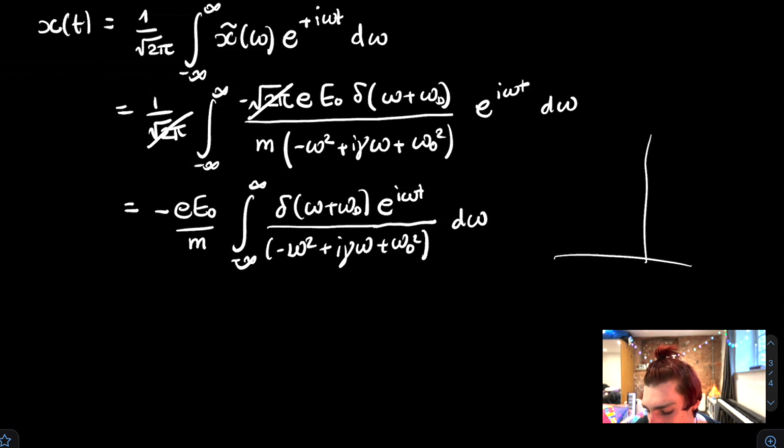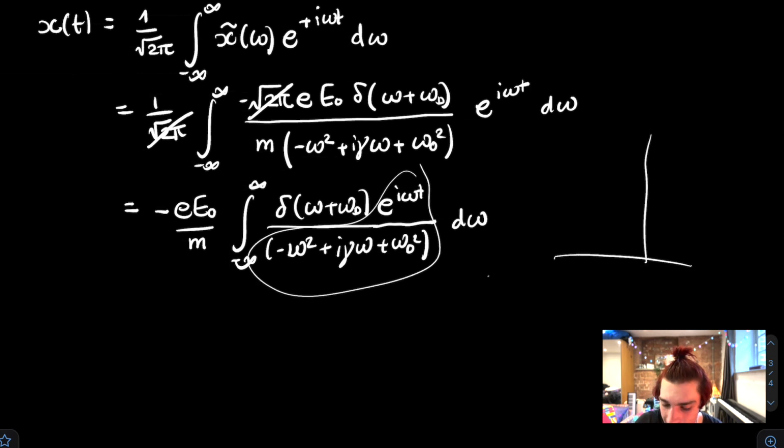So this means that when we do our integration, which is basically going along this entire omega axis, this delta function is going to be 0 for all values other than minus omega d. So there's actually no integration to be done whatsoever. All we have to do is substitute into this expression right here minus omega d, because that is the frequency at which the Dirac function peaks.